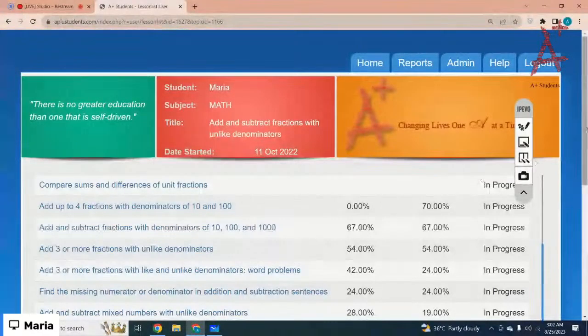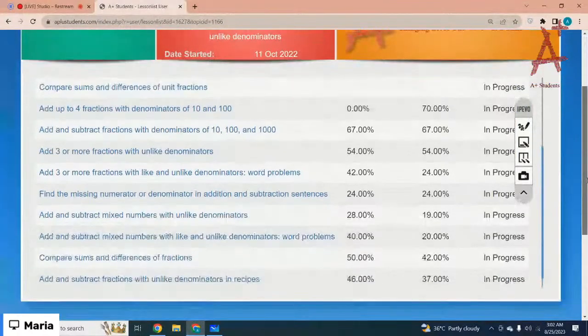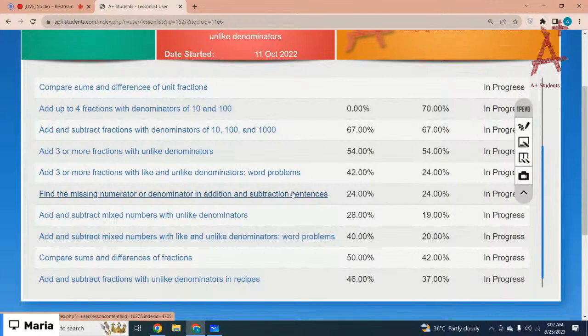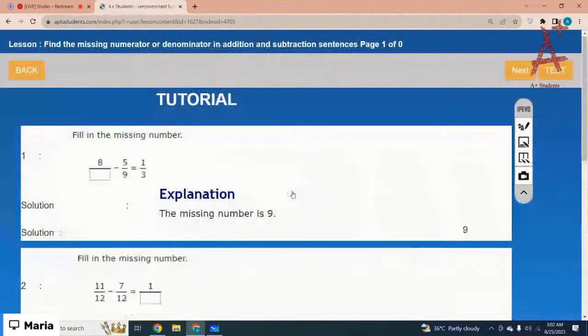Okay, here I am on grade 4 math. Let's just start with the lesson that is find the missing numerator or denominator in addition and subtraction sentences. Okay, find the missing number. 8 over missing number minus 1 over 9. So you can see one of the fractions has 9 as denominator, right?